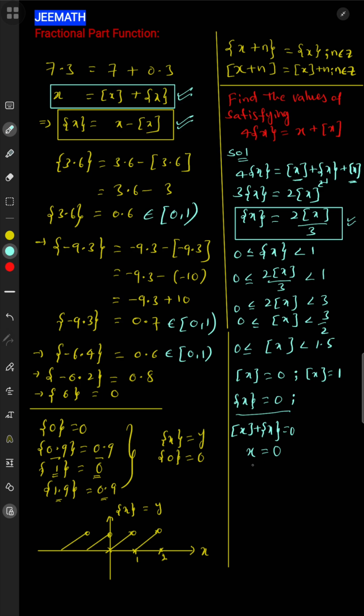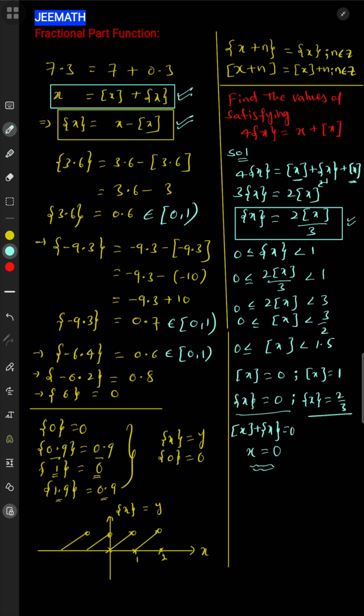Okay. See, the question asks for values of x; one x value we got, so we may have another x value. So see here, step x is equal to 1. When this is 1, what is the fractional part of x? On taking step x as 1, you are getting 2 by 3.